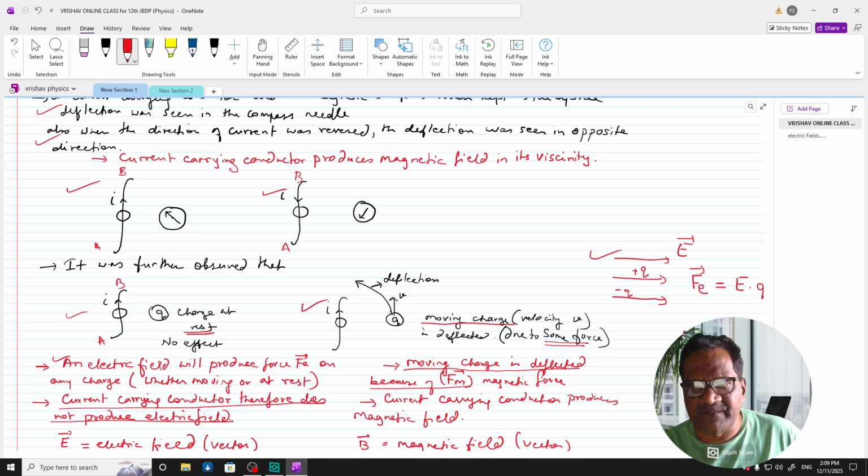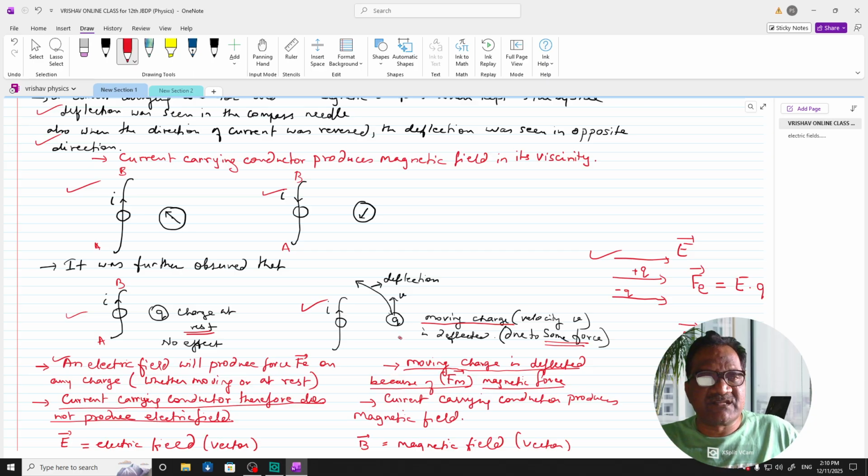This Fm stands for magnetic force, and I'm saying this because this field is going to be named the magnetic field. Some force Fm, which you can call a magnetic force, is produced because of this current carrying conductor, and it affects only a moving charge. It did not affect a charge which was at rest.